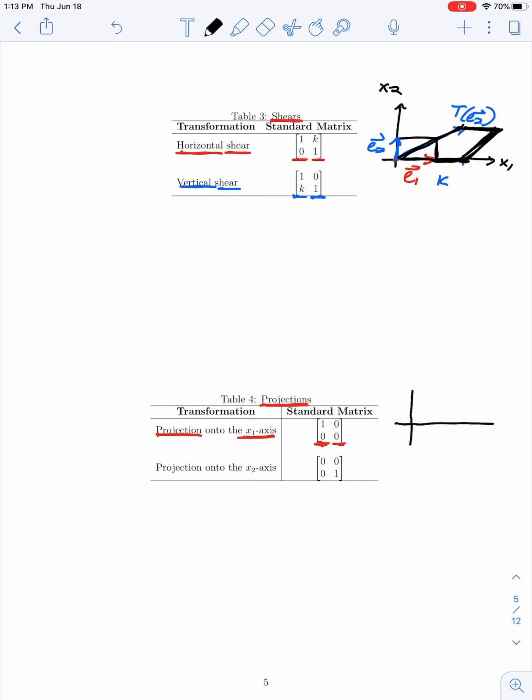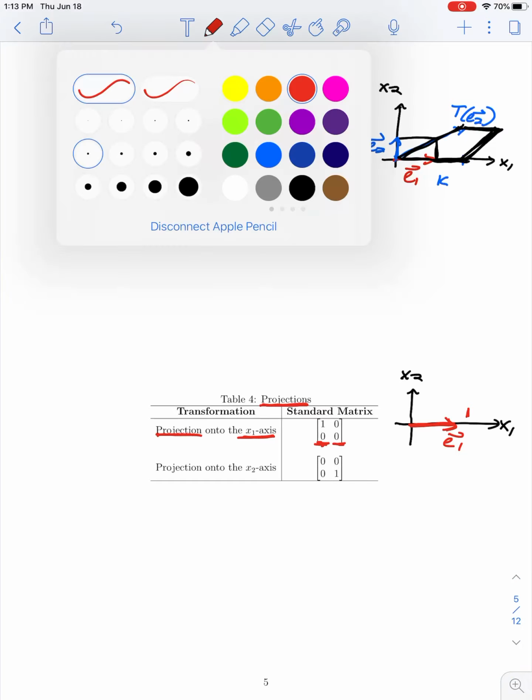So here, if we have in the x1, x2 plane, our vector E1, which is (1, 0), and we were to project that onto the x1 axis, well, since this vector lies on the x1 axis, its projection would be itself, (1, 0).